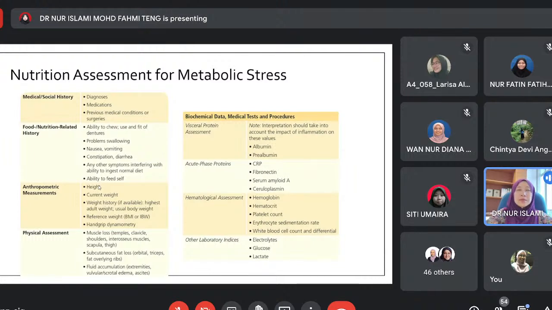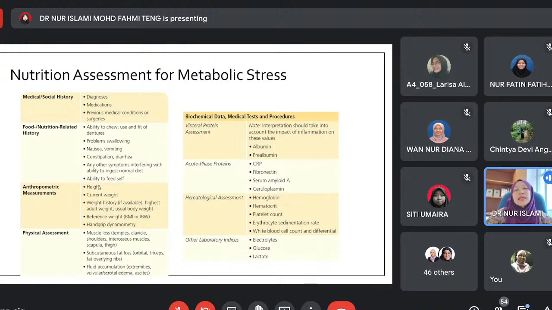So assessment of current weight depends on whether the hospital has a bed with a measurement function, you can assess that. If not, if we don't get weight history, we can ask the caretaker about the usual body weight. Sometimes the caretaker pun tak dapat nak jawab usual body weight, so we can just use ideal body weight lah.